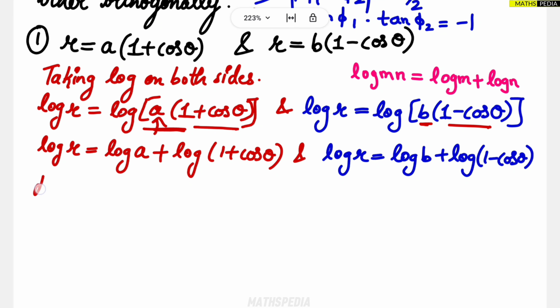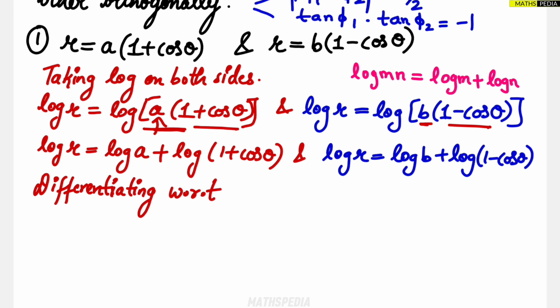So differentiating with respect to theta. Remember, it is with respect to theta. In the first equation, log r is there. The differentiation of log r is 1 by r, because we have studied the formula that the differentiation of log x is 1 by x.